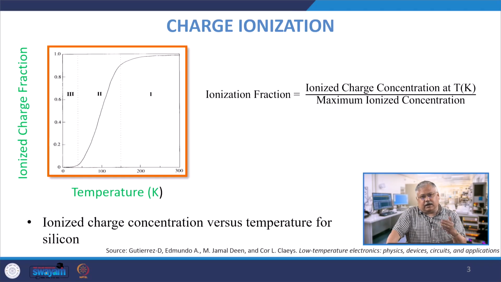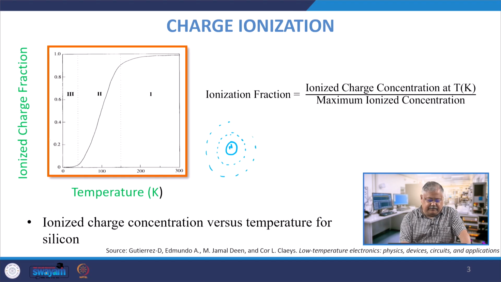So, let us look at charge ionization, which we had discussed in our earlier lectures as well. What is charge ionization? Let me give you a brief idea for those who are new to this area. If you have a nucleus here and orbits around which the electrons are rotating, that is a very conventional picture.